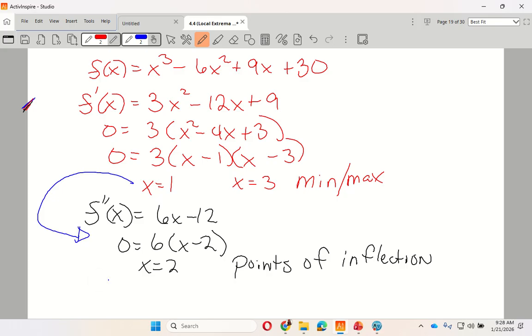So f double prime of 1, it's going to be 6 minus 12, which is negative 6. Now, what does that tell me?